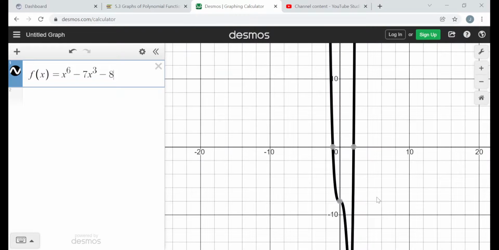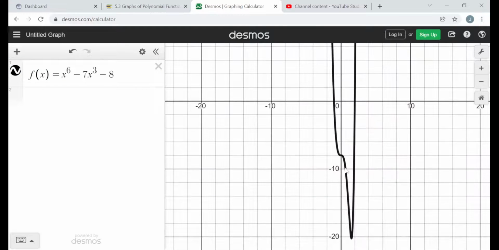Yeah, and there's some weird stuff happening down here. All right, but I didn't ask about that. 0, negative 8, the y-intercept, like I said. Up on the left, up on the right, the end behavior is correct. Based on what we know right now, you're not going to be able to find these weird turning points. Okay?